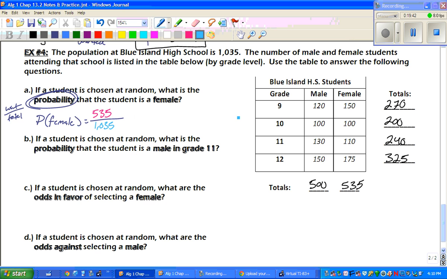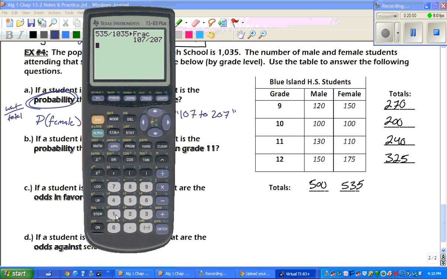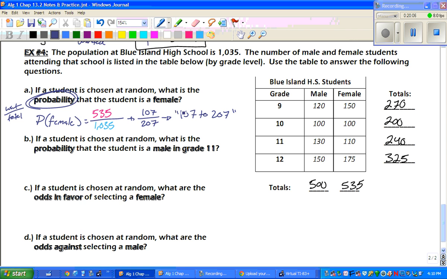107 to 207. So we could write that as 107 over 207 or 107 to 207. Okay? Another way we could write that would be as the decimal, which would be 0.51 or 0.52.